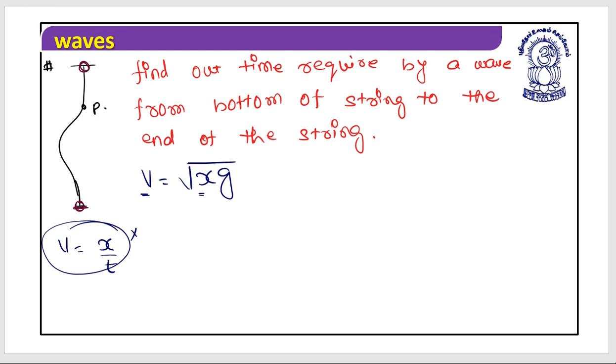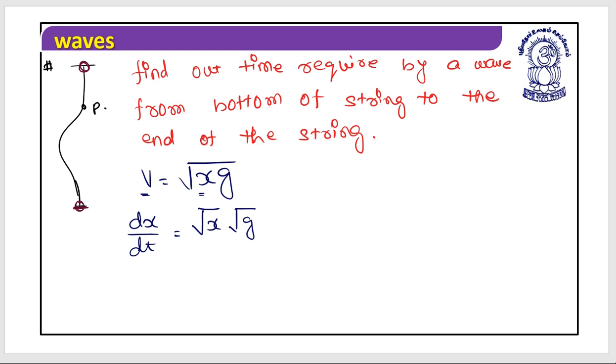Please don't use v is equal to x by t. Rather, I need to use the differential form: dx by dt is equal to root of x multiplied by root of g, and from this, dx by root of x is simply root of g into dt.